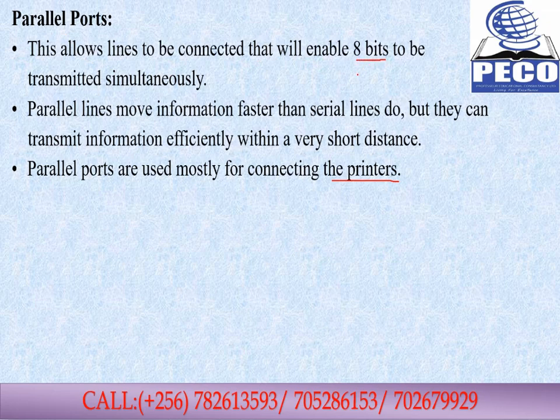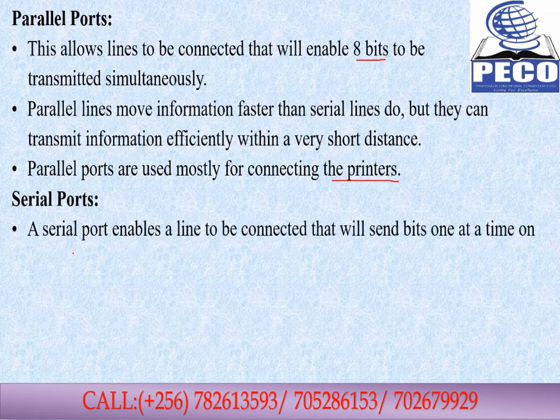So just know that parallel ports can allow 8 bits to move at once. But the other one, called serial ports, the difference we should know is that a serial port enables a line to be connected that will send bits one at a time on a single line.